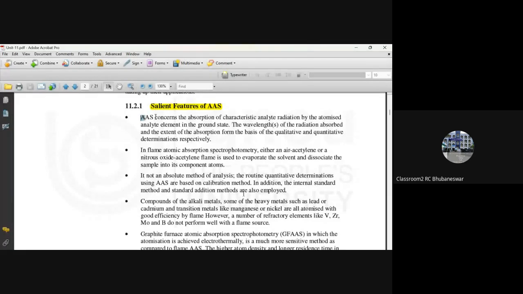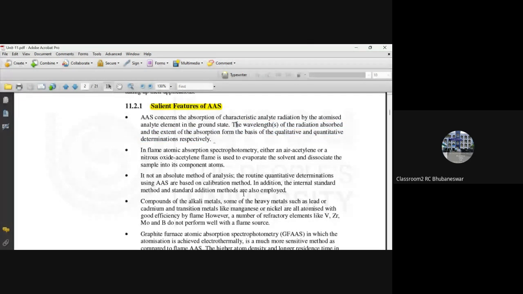So AAS concerns the absorption of characteristic analyte radiation by the atomized analyte element, and the wavelengths of the radiation absorbed and the extent of the absorption form the basis of the qualitative and quantitative determination respectively.